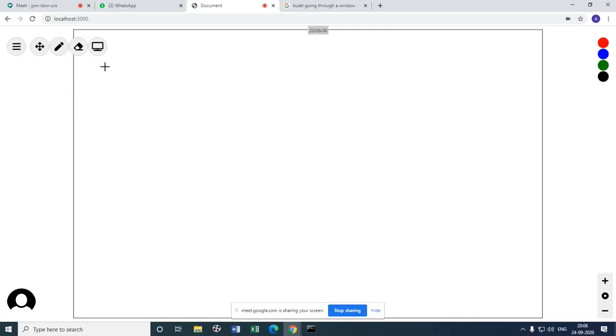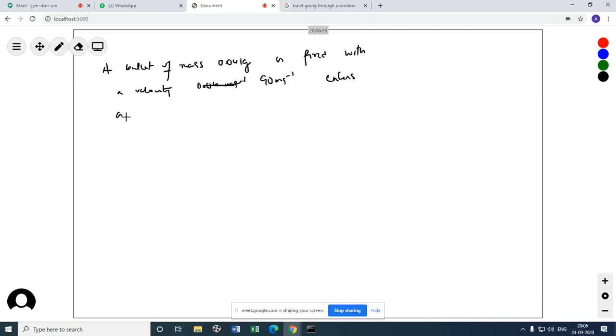Now, why don't you try this? A bullet of mass 0.04 kg is fired with a velocity of 90 meter per second and enters a wooden block, and penetrates 60 centimeter deep into it.